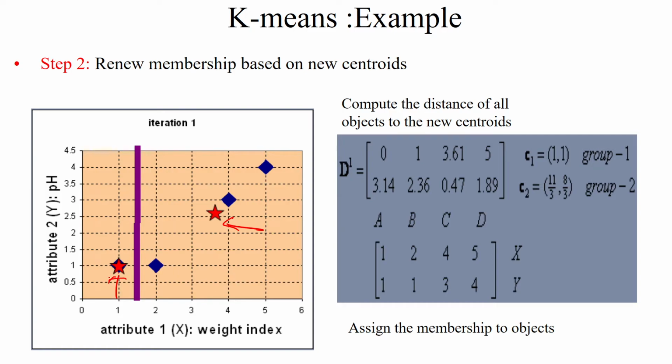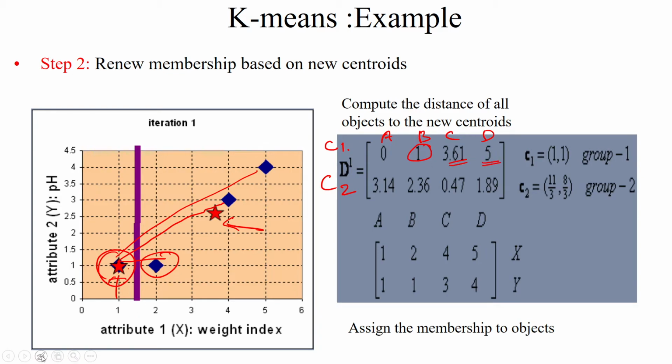Again, in iteration number 2, we are calculating the distance to all the data points. This is cluster 1, this is cluster 2, and these are data points A, B, C, D. The distance between A and A is 0, between A and B is 1, between A and C is 3.61, and between A and D is 5.